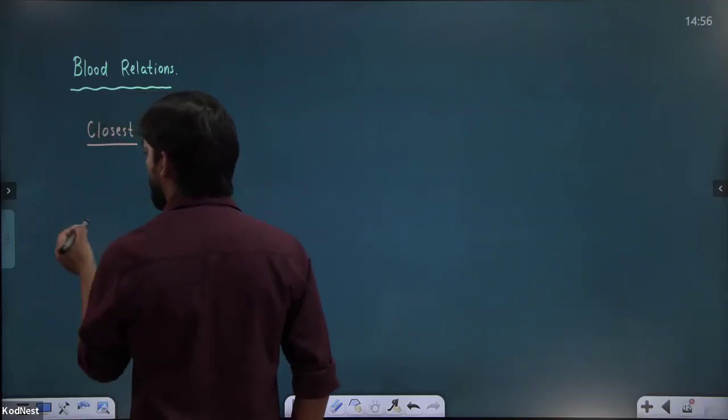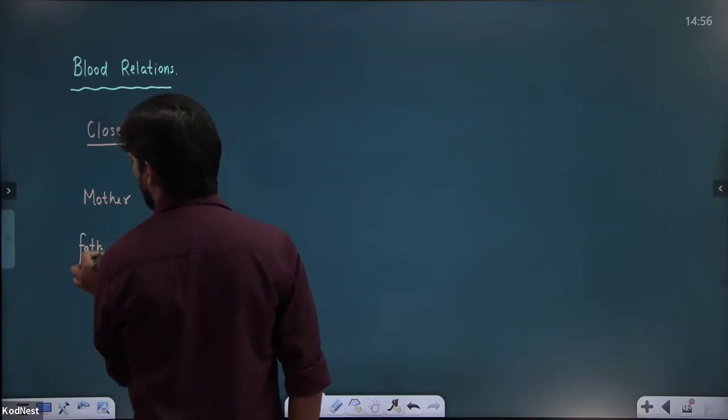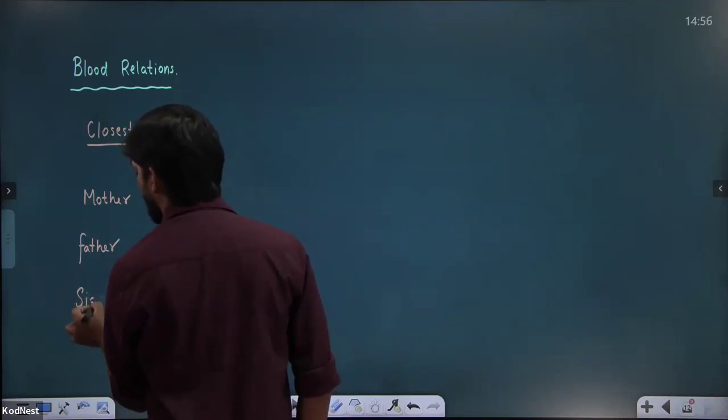So you can say for yourself, your mother and your father are the closest relations. After that, your sister and your brother.